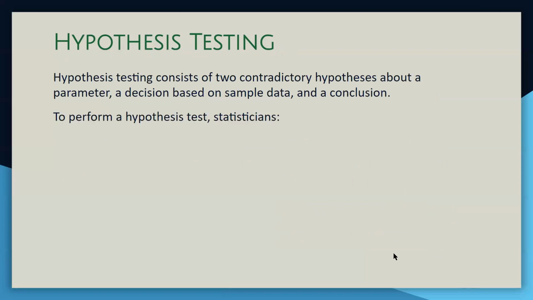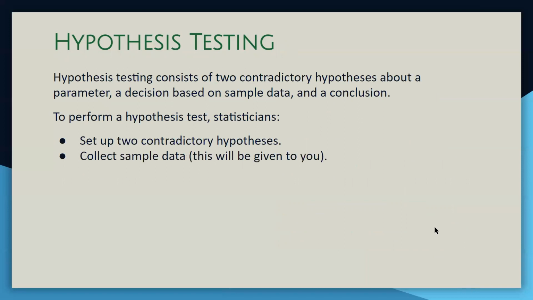To perform a hypothesis test as statisticians out in the real world, we need to set up the hypotheses that we want to test. We collect sample data to verify the validity of one of those hypotheses. As a student in statistics, this step's going to be given to you. We then determine the appropriate distribution to use for the test.